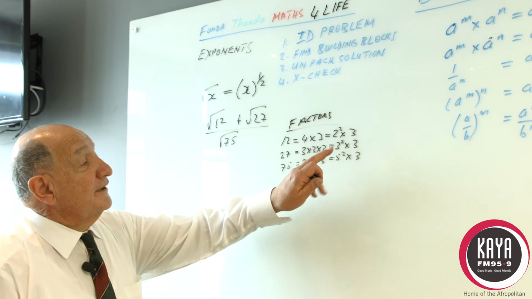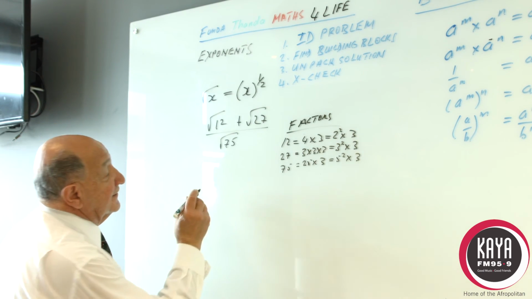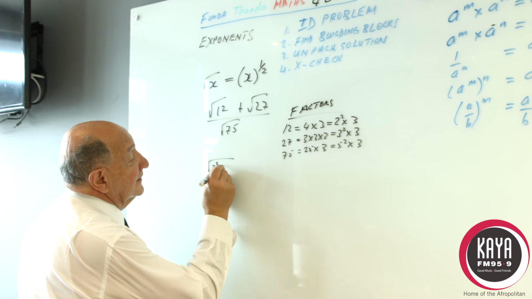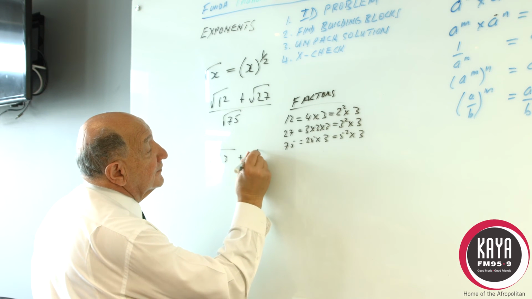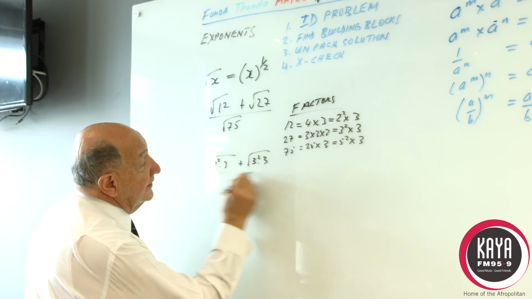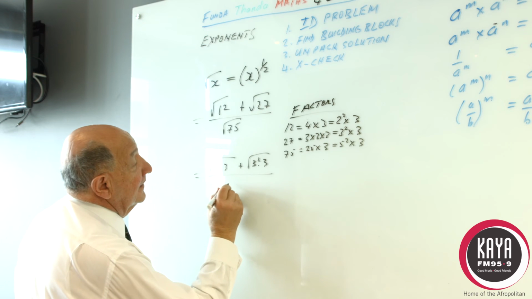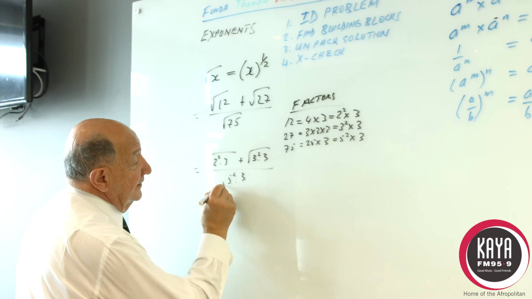So now we need to substitute these into the surds. So we'd have the square root of 2 squared times 3 plus the square root of 3 squared times 3, over the square root of 5 squared times 3.